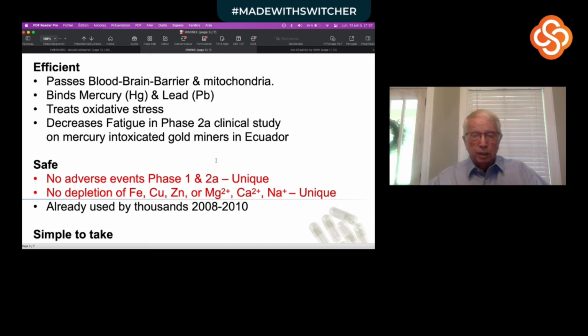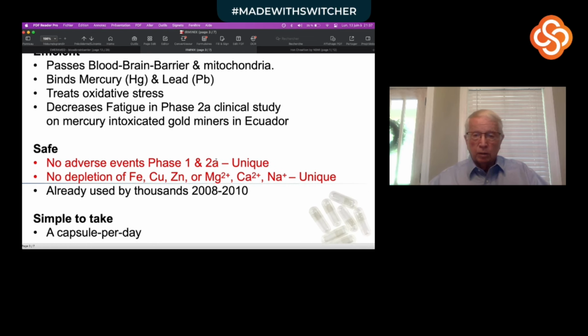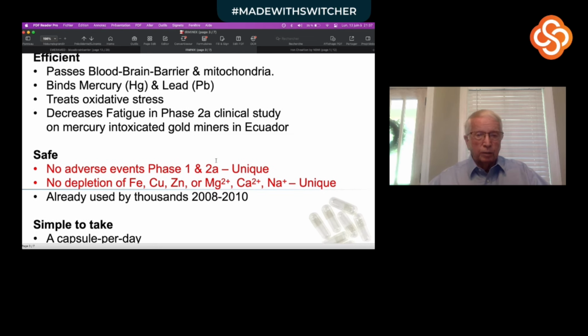Because I could see, and we've studied a lot of it, the compound is really very, very good, and it does treat oxidative stress. We treated 10 patients. Two doctors that had an autistic child each worked with us on something that we published, and we gave them NBMI, and they gave it to 5 autistic children and 5 older people.